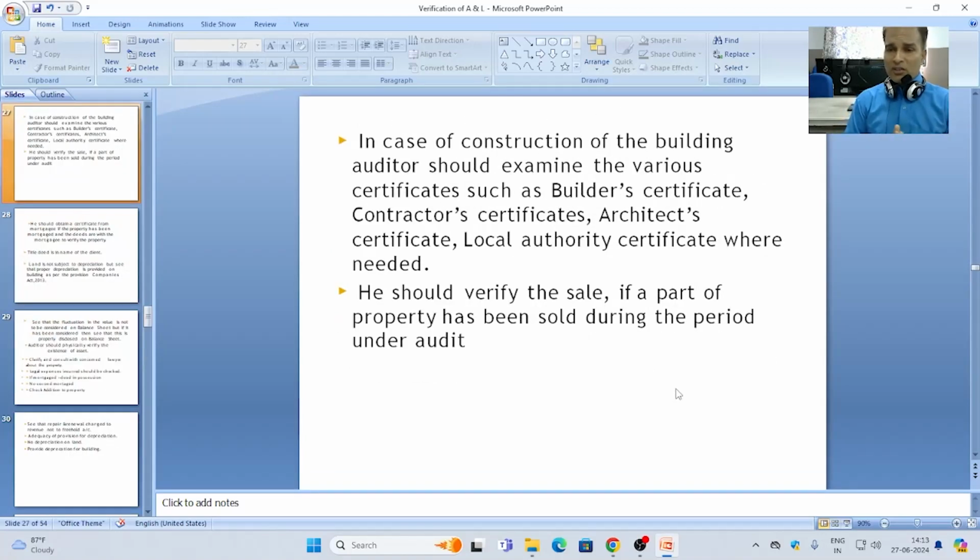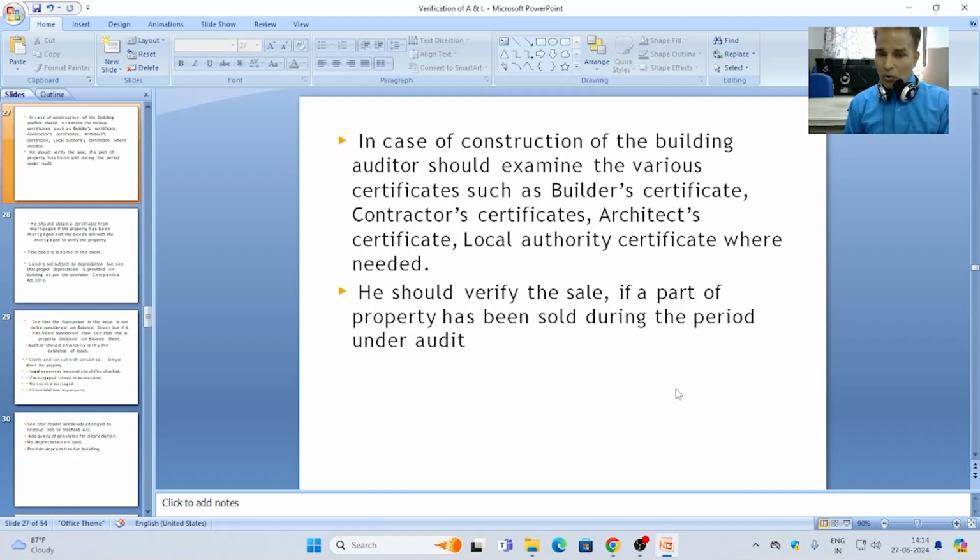In the case of construction of the building, the auditor should examine the various certifications such as builder's certificate, contractor's certificate, architect's certificate, and local authority's certificate where required. So these legal requirements should also be verified under the head of verification of building by the auditor.